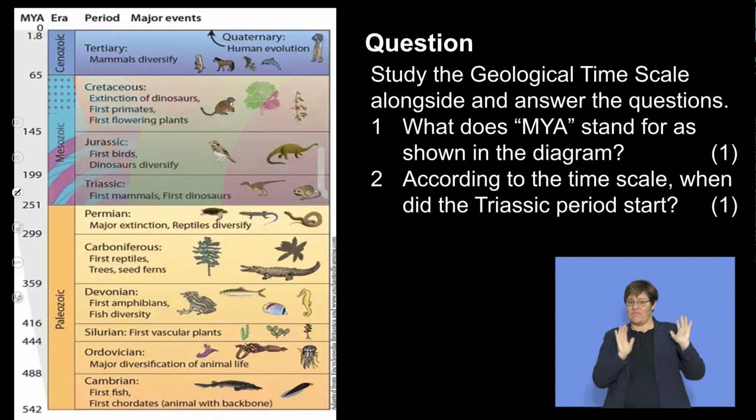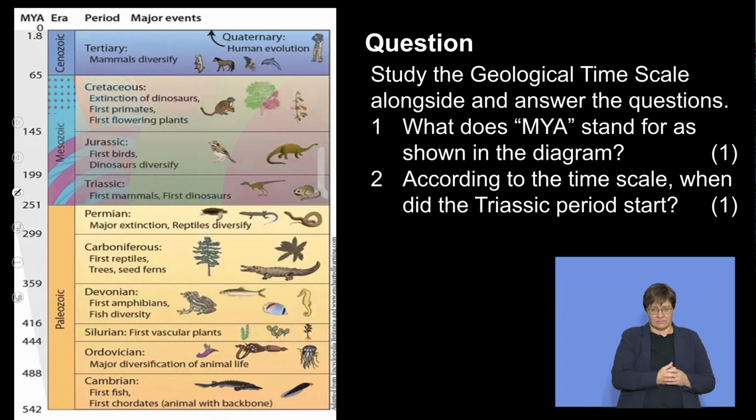For any other information, you would be given a geological timescale with some information on it, with perhaps pictures, and you would have to use the source material, use the picture, in order to be able to answer the questions. So questions on this are mainly interpretation questions.